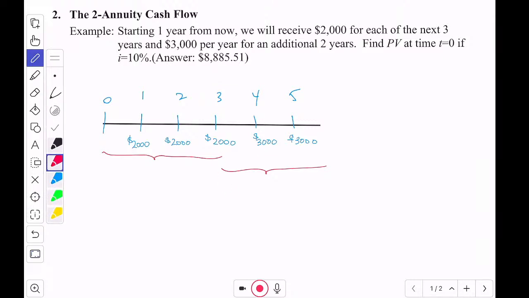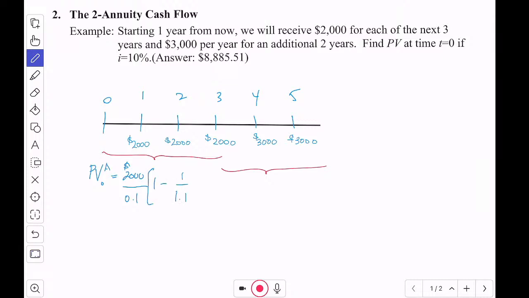So this amount we'll call, this will be at time 0, but we'll call this part A. This is easy, right? So this is just the annuity with 10% for 3 periods, duration of the investment.